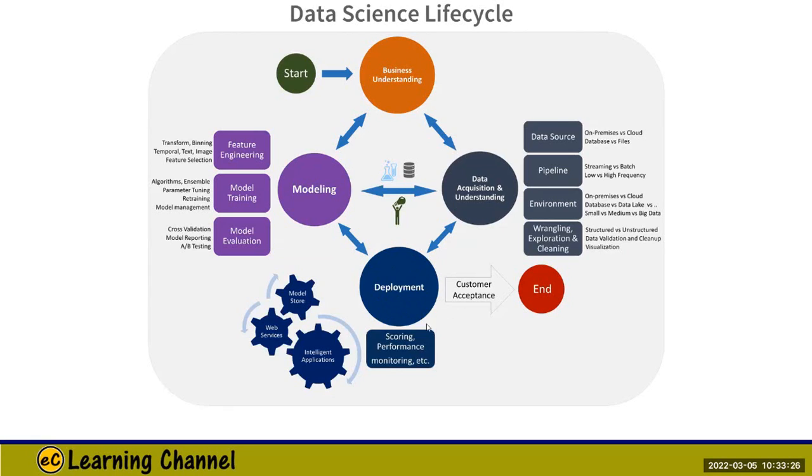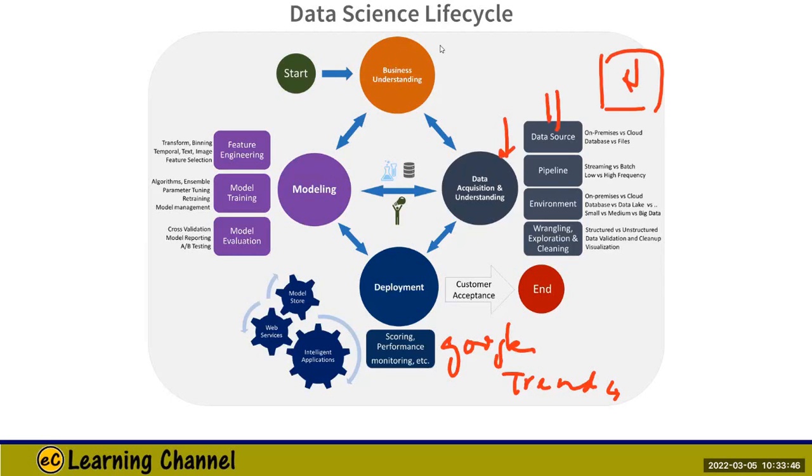Data product means that Google Trends is a data product. So here, let's pick Google Trends as an example. Google Trends by itself is actually a product by Google. Data acquisition is that everybody browses the website, Google collects the browsing records, and those data are used by a model to learn.